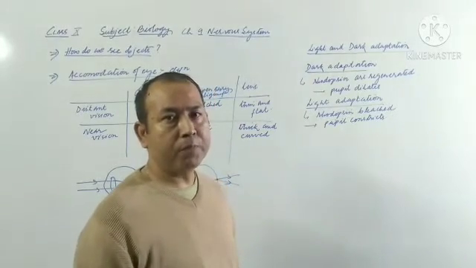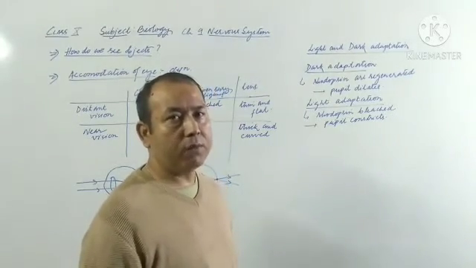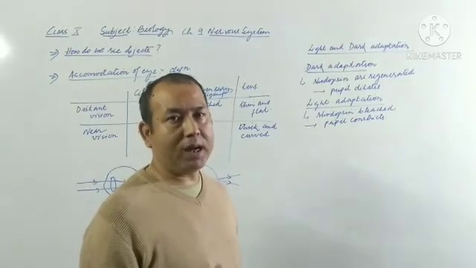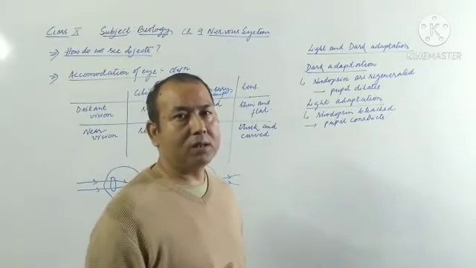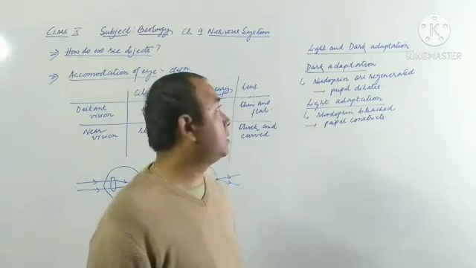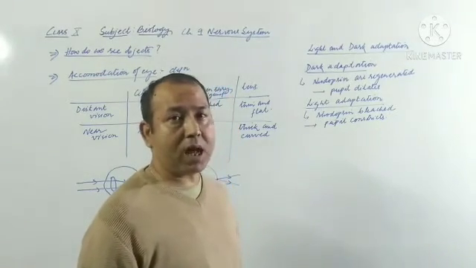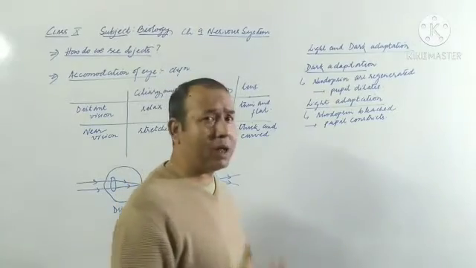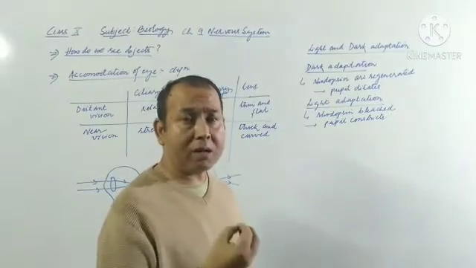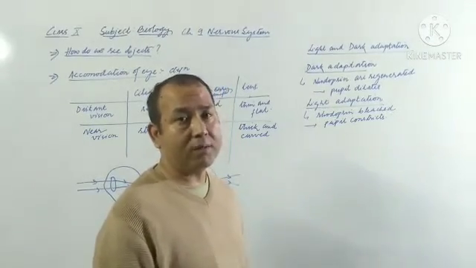This is mainly because of the pigment present in the sensitive cells of the retina, like rod cells. Dark adaptation is the adaptation of the eye to see objects in a dark place or in dim light.